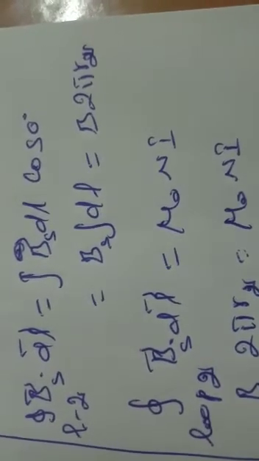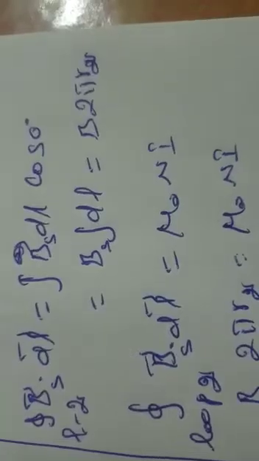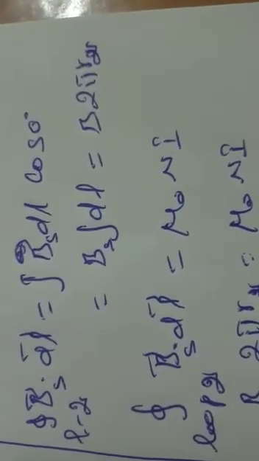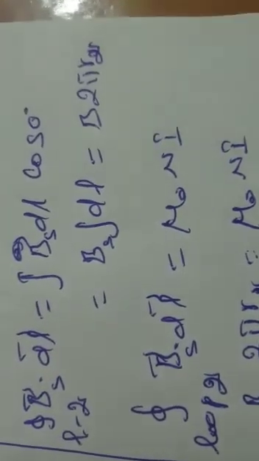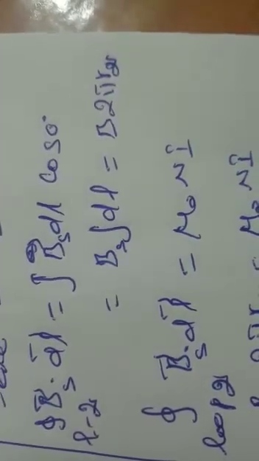Already we know that the number of turns per unit length of the toroid, N by 2 pi R2, is equal to n.